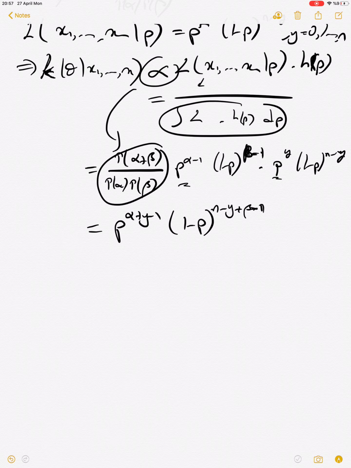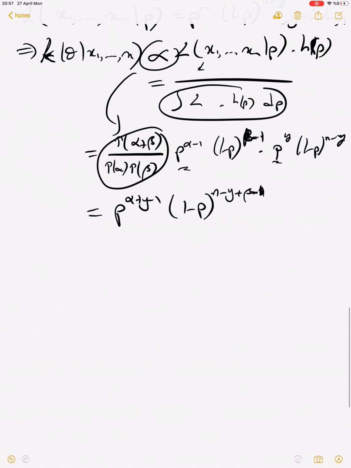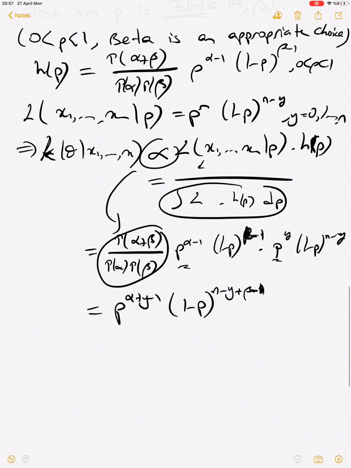Okay, so at this point you have to recognize this distribution. But actually, if you know the conjugate family idea, then if the prior is beta, we will end up with beta. Also, when you look at the beta PDF without the constant part, we have p to the parameter minus 1 and 1 minus p to the parameter minus 1.